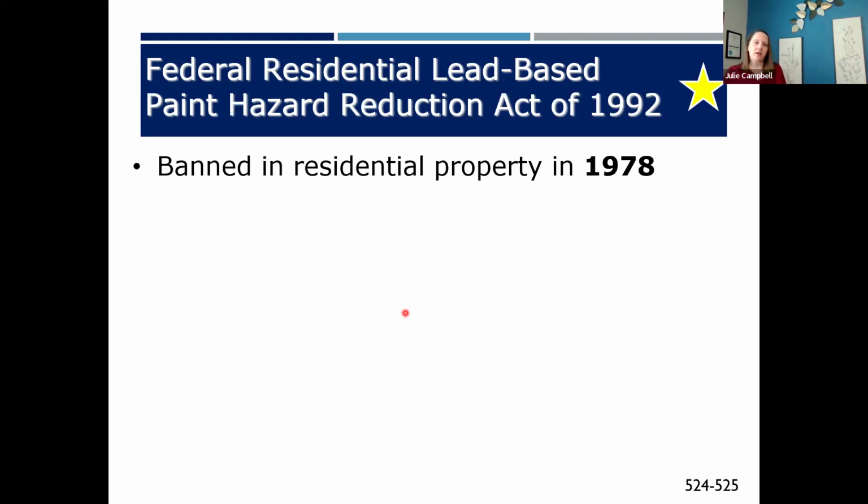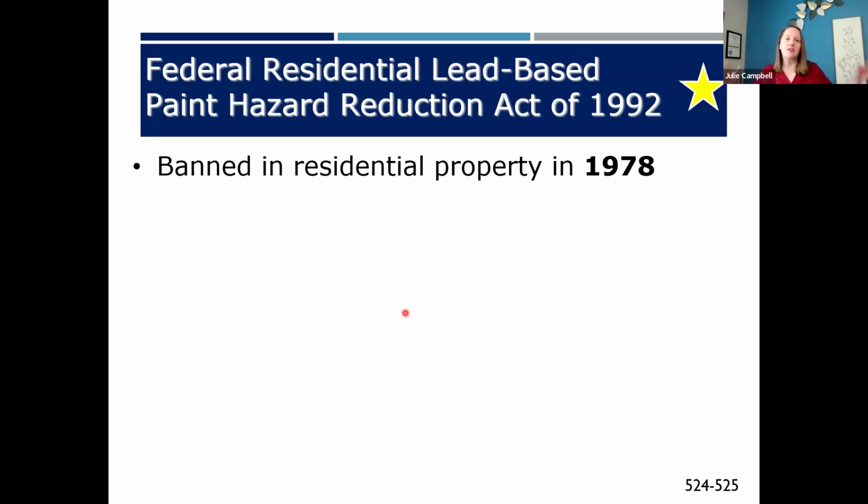We have something called the Federal Residential Lead-Based Paint Hazard Reduction Act of 1992. You don't need to know all that. What you do need to know is that we stopped using lead, specifically lead-based paint, in residential property in 1977. The year we need to know is that anything built prior to 1978, we have got to disclose that it may have lead. Did you hear me? I'm not telling you it has lead or not.